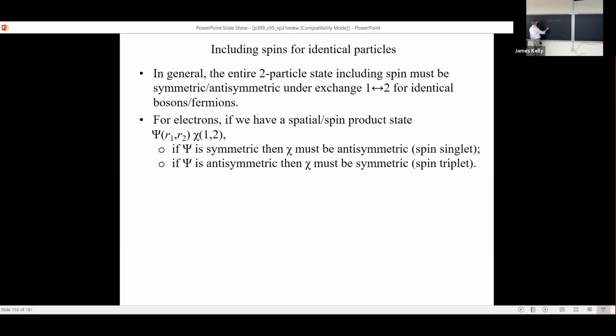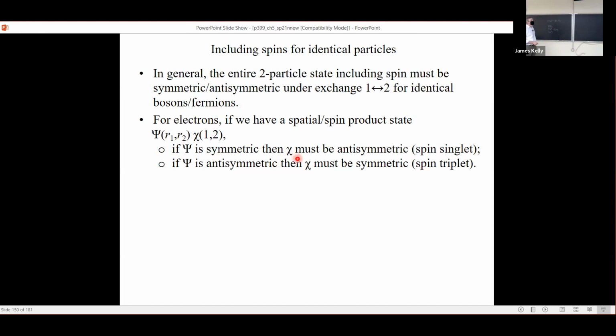Whereas the triplet state, which is 3 separate states, consisted of up, up, clearly symmetric, up, down, plus down, up, clearly symmetric under the interchange of the 2 particle identities, right? And down, down. That's the spin triplet state. So what we've got to keep track of, and this is going to be important when we start thinking about filling up atoms, is that we don't always have to anti-symmetrize the spatial wave function.